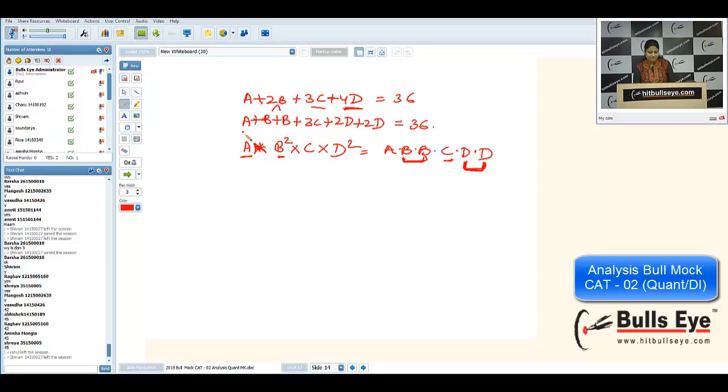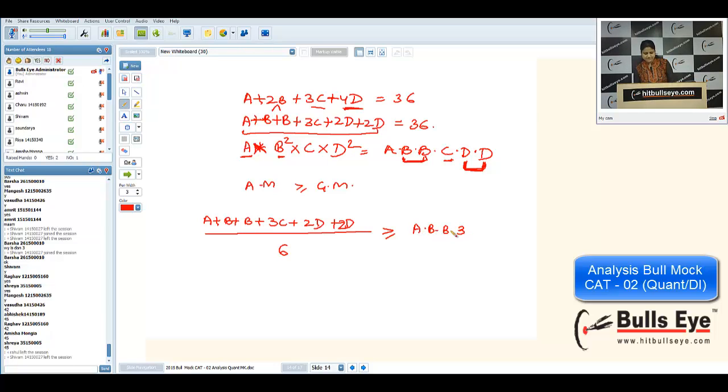Now I'll apply AM greater than or equal to GM on these numbers. Arithmetic mean is always greater than or equal to geometric mean. So arithmetic mean is a plus b plus b plus 3c plus 2d plus 2d divided by number of observations, greater than or equal to geometric mean. Now what will be the geometric mean?